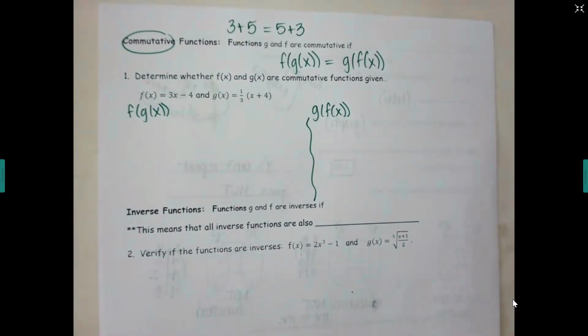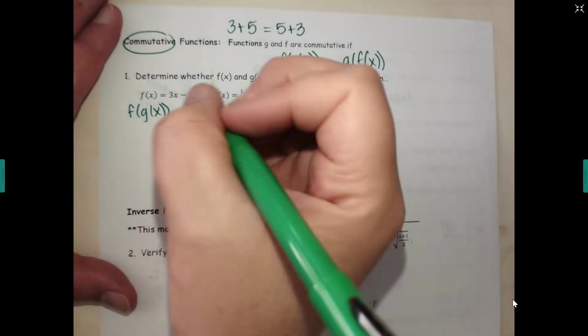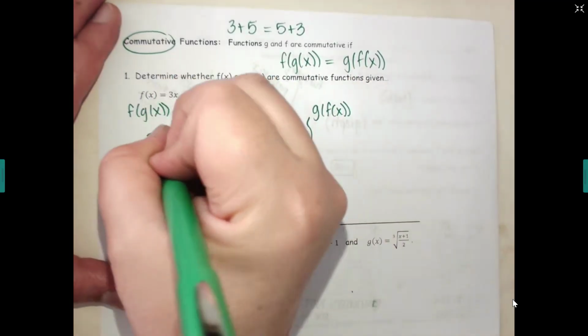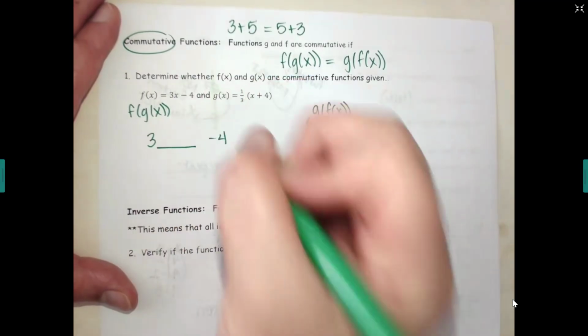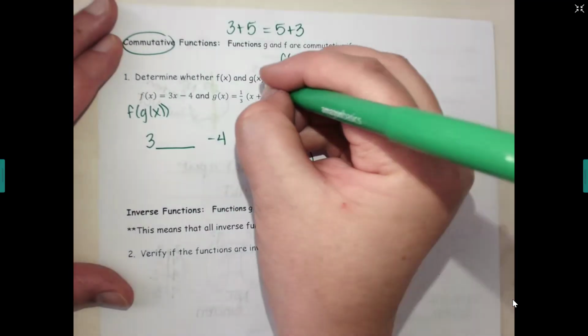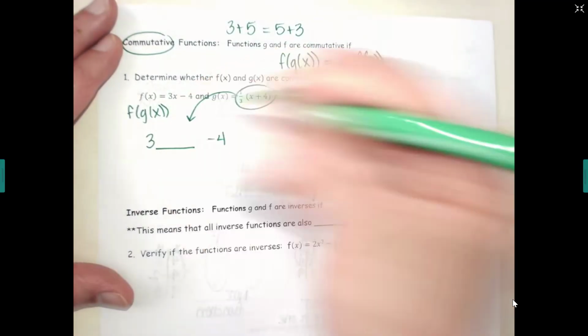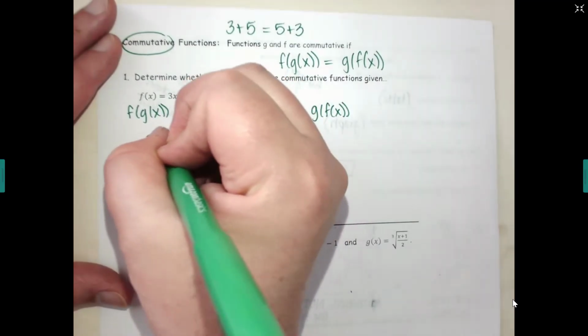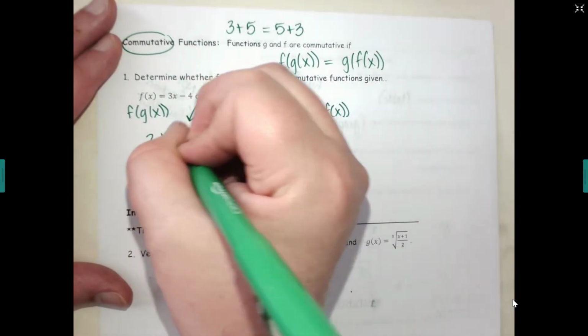So let's do this one first. I want to take the g formula and plug it into f. What is the f equation? 3x minus 4, then it's 3 blank minus 4. And then I'm going to put the g of x equation into that spot. So now it's going to be a third x plus 4.